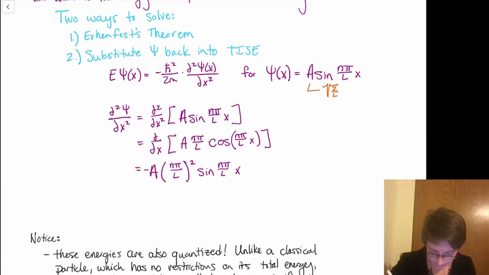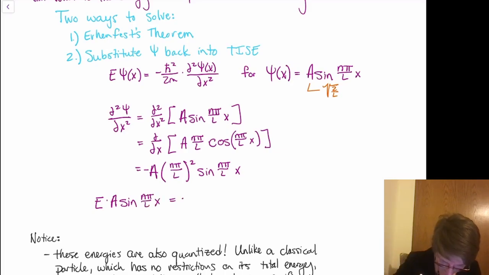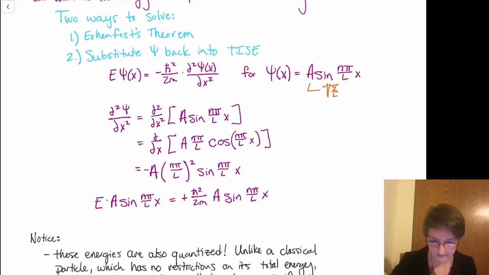And so now we can go ahead and set up our equation. So we've got that E times our wave function, which is A sine of n pi over L times x, is equal to negative h bar squared over 2m times negative, so my two negatives are going to cancel out and give me a positive, A of sine of n pi over L times x.